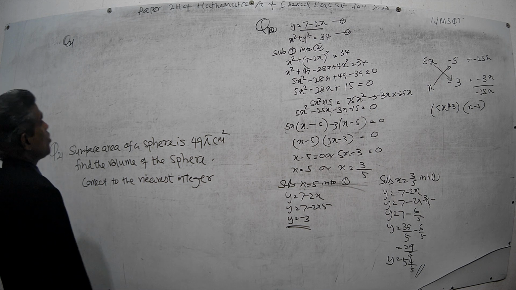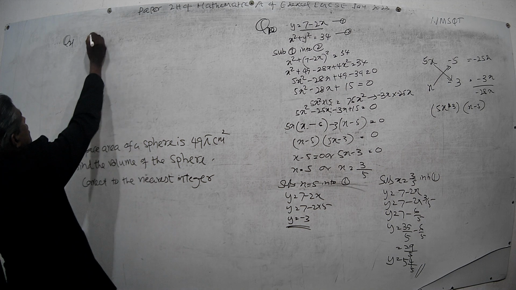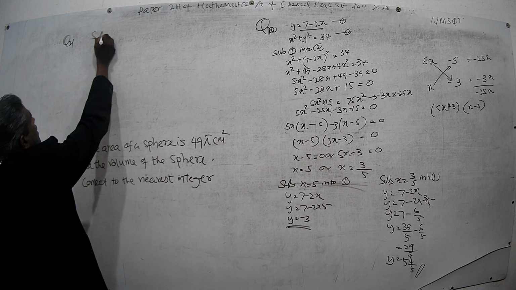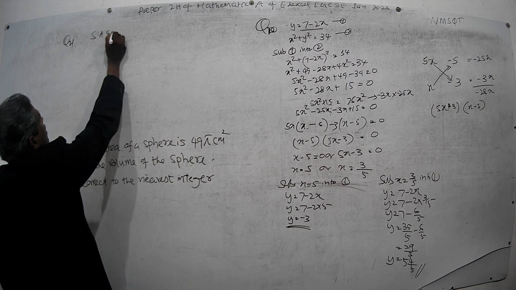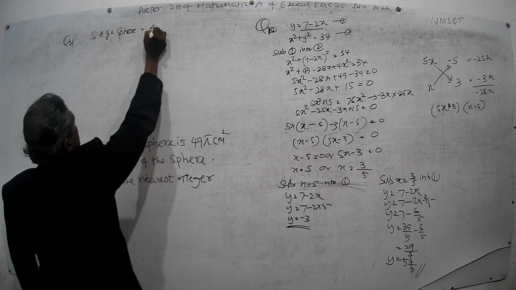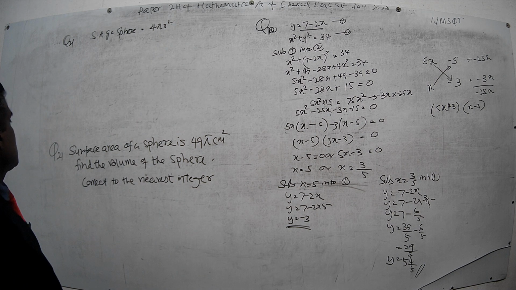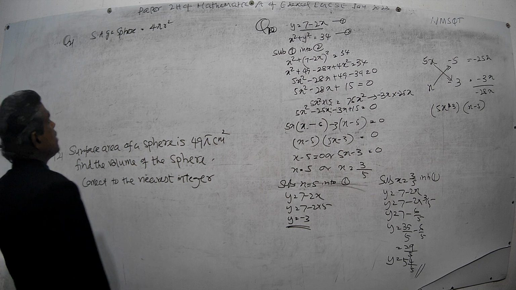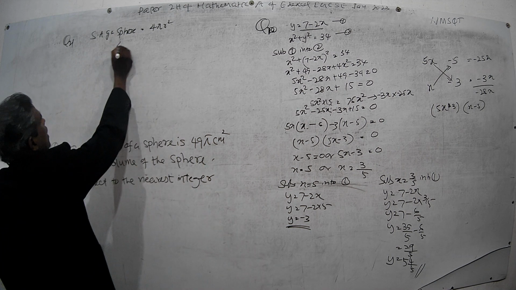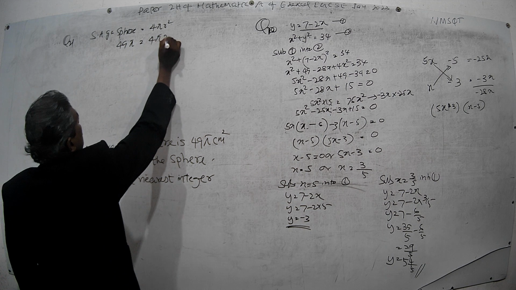Okay. Now they say the surface area of a sphere. Then write surface area of a sphere. We know the formula 4 pi r square. That is the formula for finding the surface area of a sphere. Then they say that is equal to 49 pi. So 49 pi equals 4 pi r square.